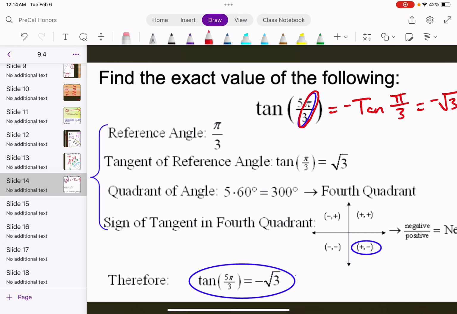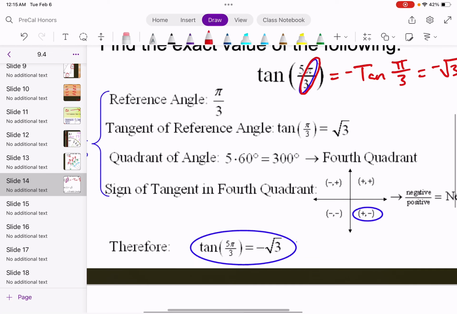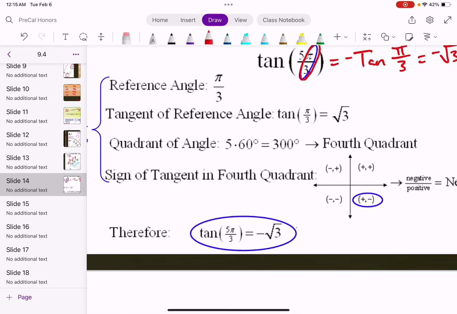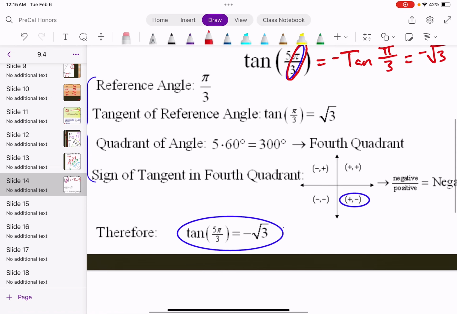Our next part is going to be the quadrant of the angle. Pi over 3 ultimately is 60 degrees. If we multiply that by 5, we're looking at 300 degrees, which is our fourth quadrant. When we're looking at our fourth quadrant, the sign of tangent would be negative.